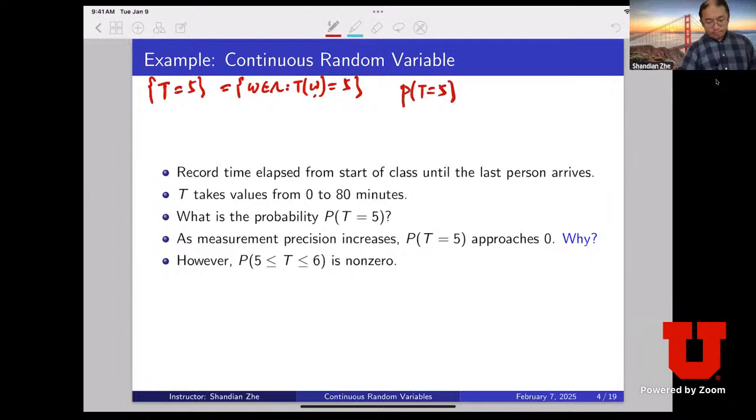However, if t becomes a continuous random variable, what's the probability for this event? Can anyone recall?